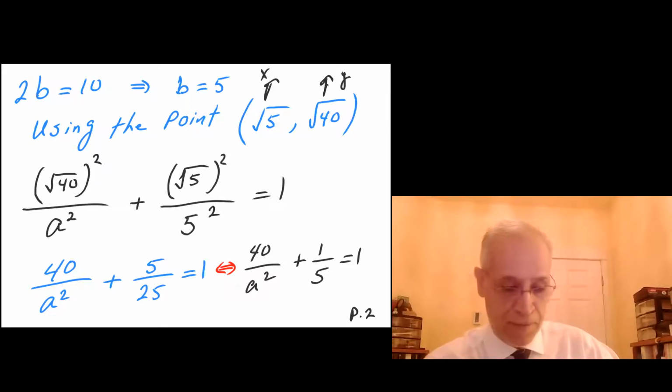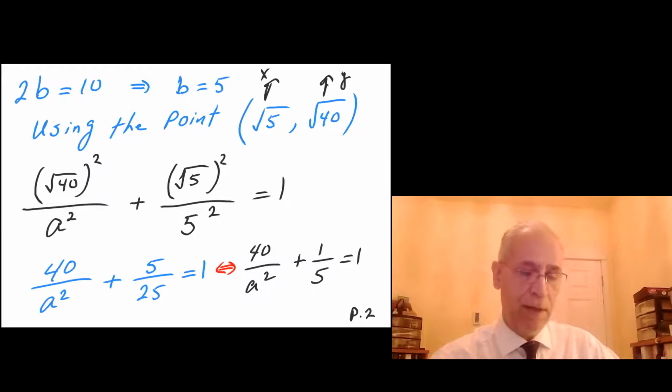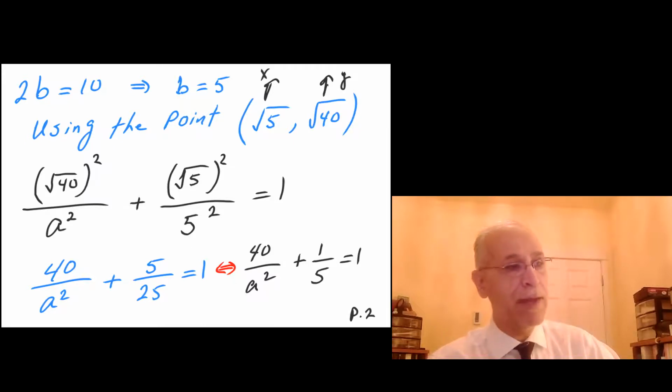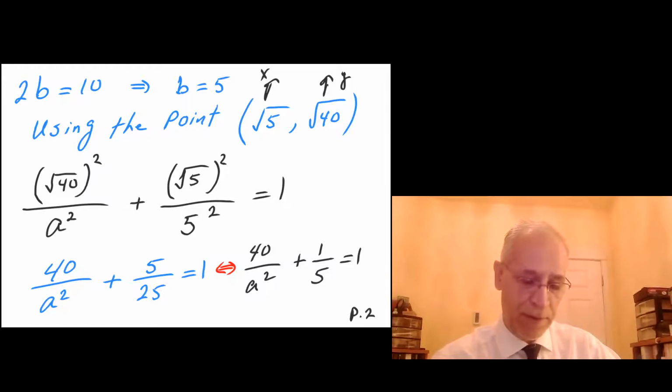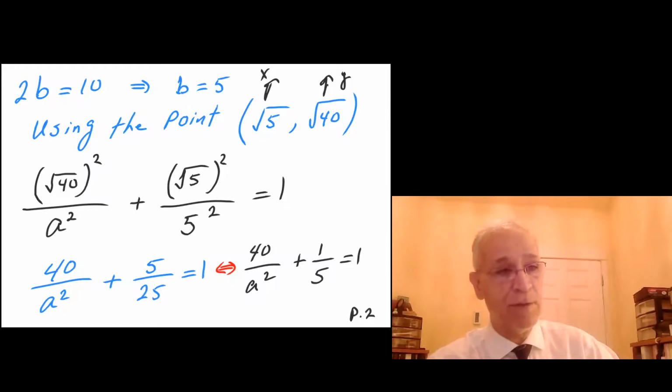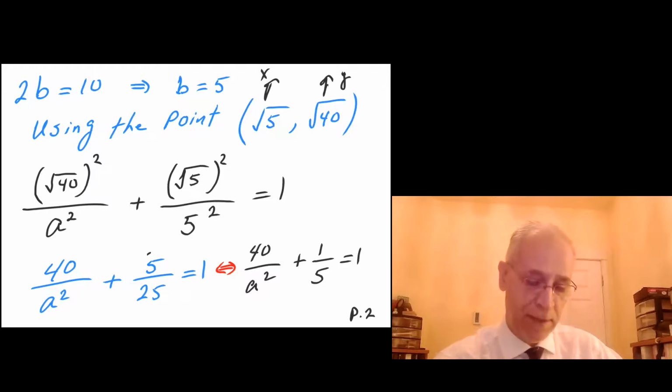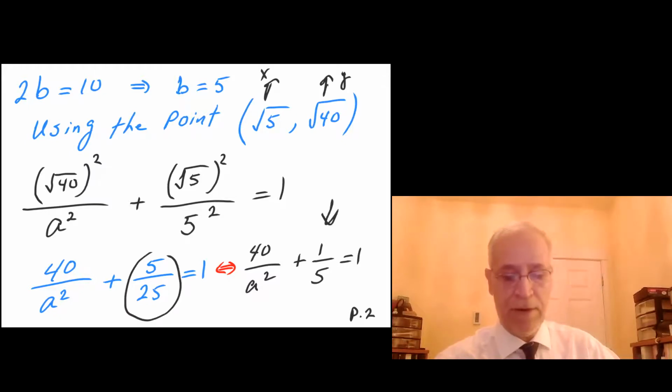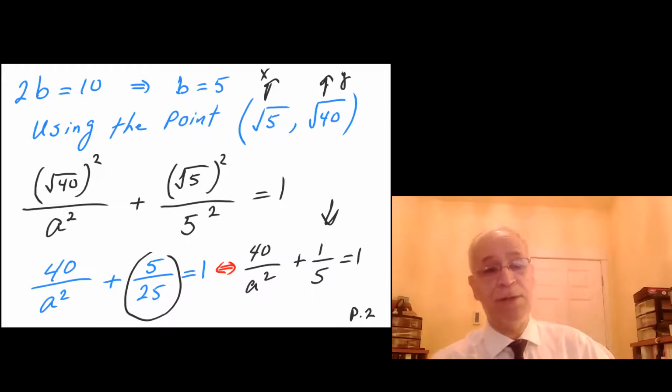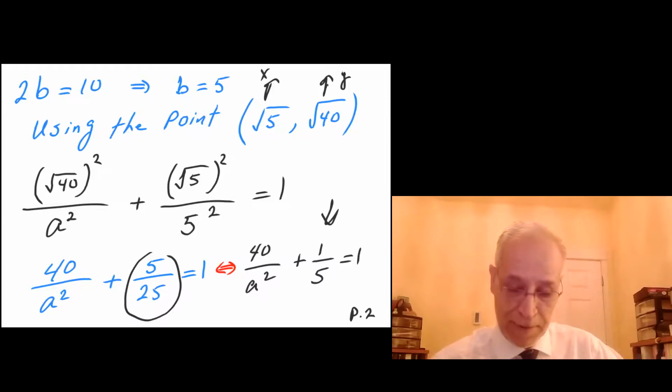I substitute √40 for y and √5 for x, and simplify. I get 40 over a squared plus 5 over 25 equals 1, and I can simplify 5 over 25 to 1/5. The goal is to solve for a squared.